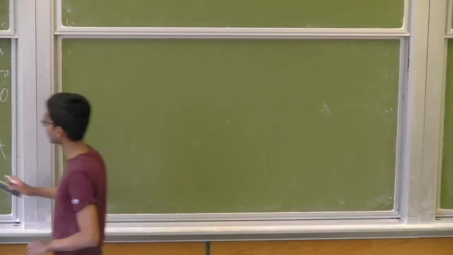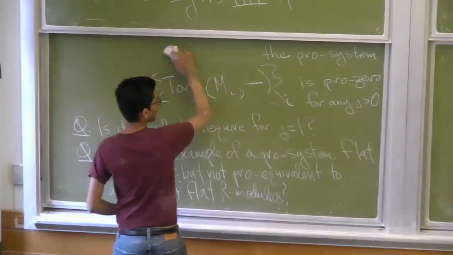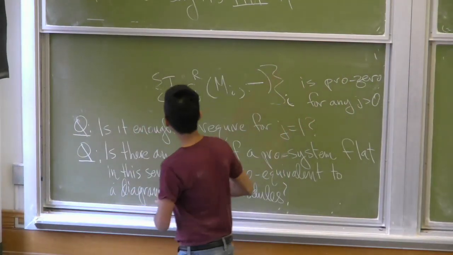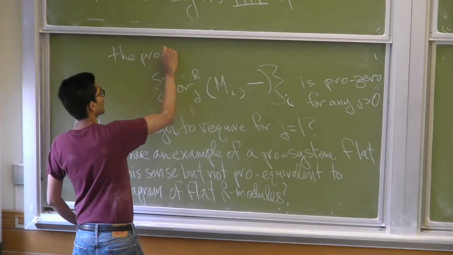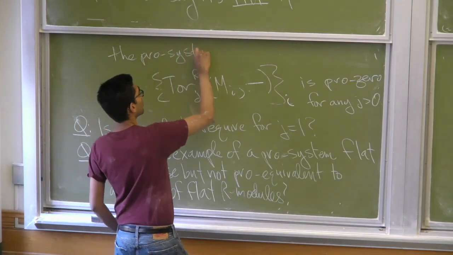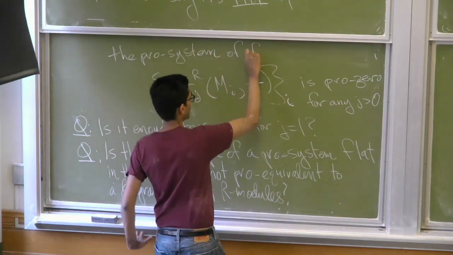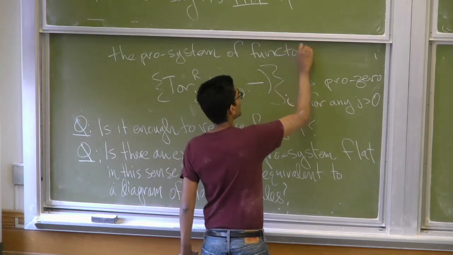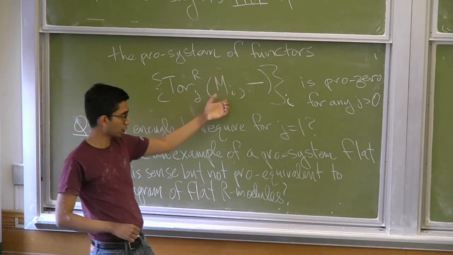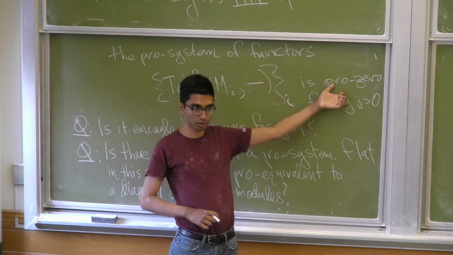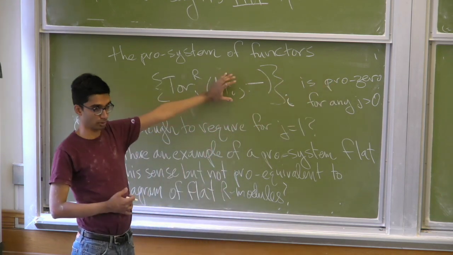Which is that the pro system of functors, given by taking the jth Tor with the M sub i, is pro zero as a pro system of functors.